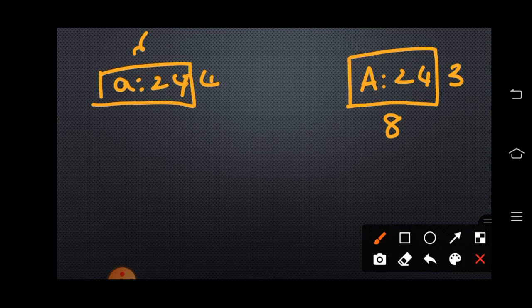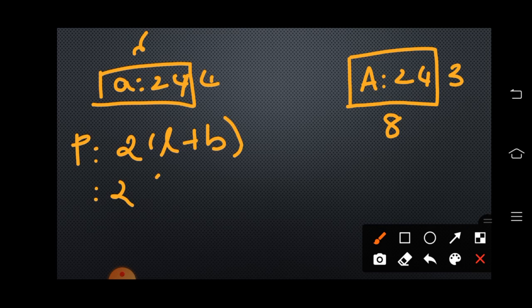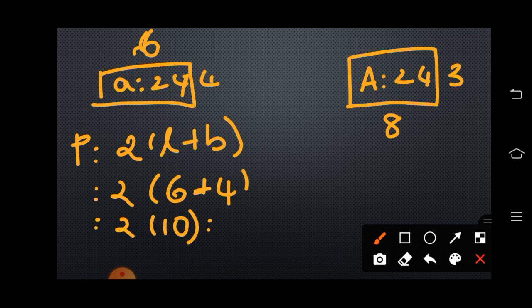Here the area is same. Let us check the perimeter. Perimeter of the rectangle is 2 into L plus B. So 2 into 6 plus 4, that is equal to 2 into 10, equal to 20. In the same way we will check for this.